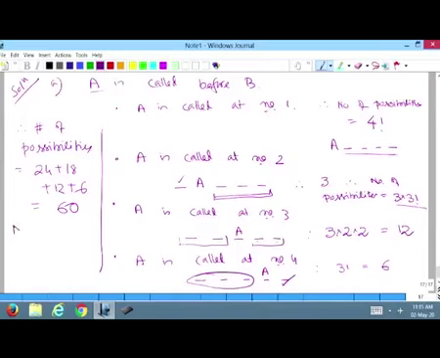Now, total number of permutations of 5 numbers is factorial 5 is equal to 120.